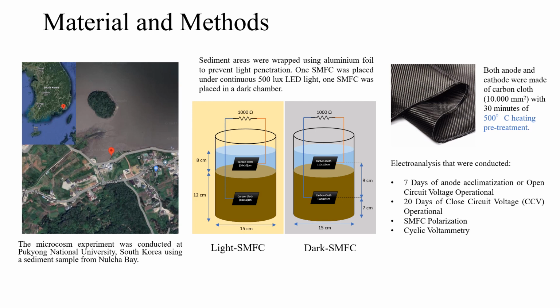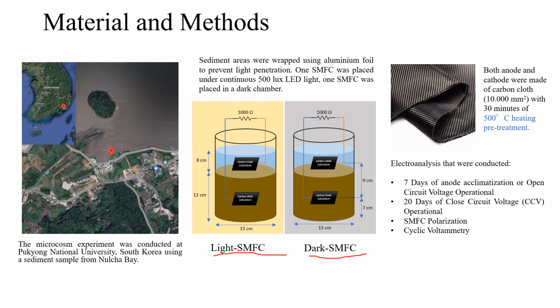Two transparent jars were filled with 2.7 liters of homogenized sediment and 1.8 liters of distilled water, as we can see in the picture. So there are two types of SMFC that were studied. The first one we call light SMFC, and the second one is dark SMFC.